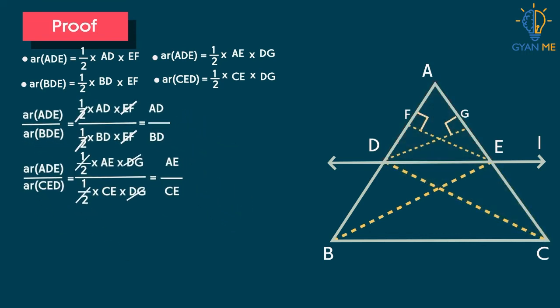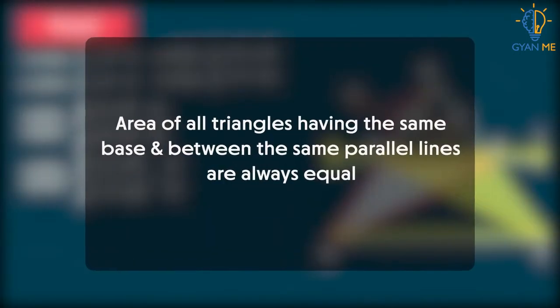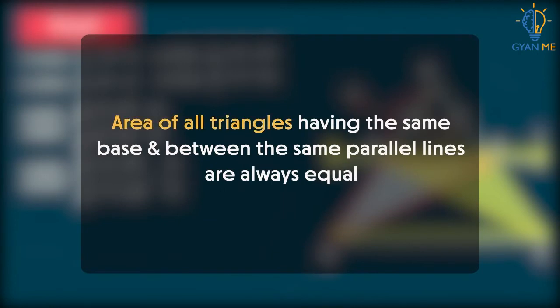Now students, observe that triangle CED and triangle BDE are two triangles with the same base DE, and they are between two parallel lines, that is line BC and L. Recall that the areas of triangles having the same base and between the same parallel lines are always equal.